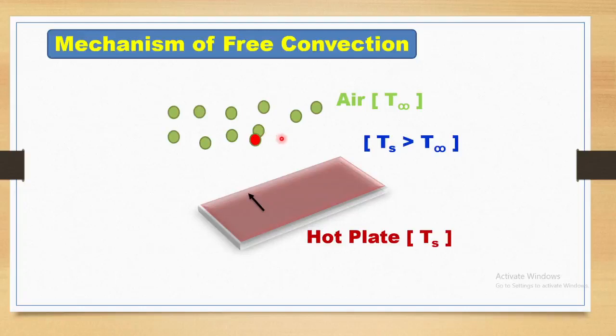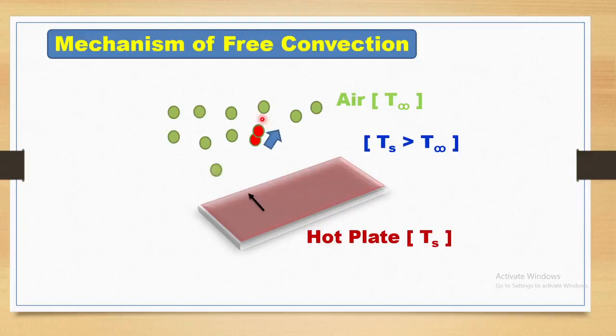Once again, by virtue of temperature difference, heat transfer will take place from the hot to the cold air particle. That cold air particle also becomes heated and moves in the upward direction, and while coming into contact with another cold air particle, it will transmit heat to that particle, and this process will go on and on.